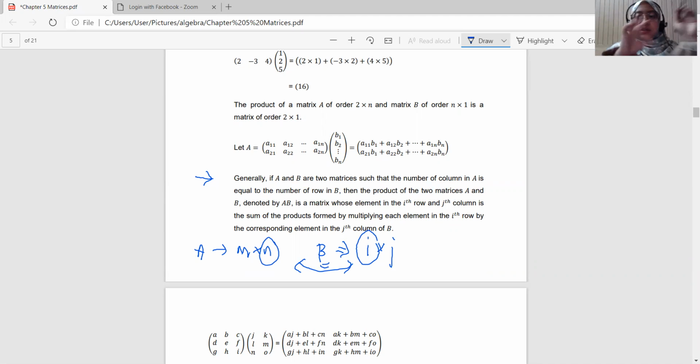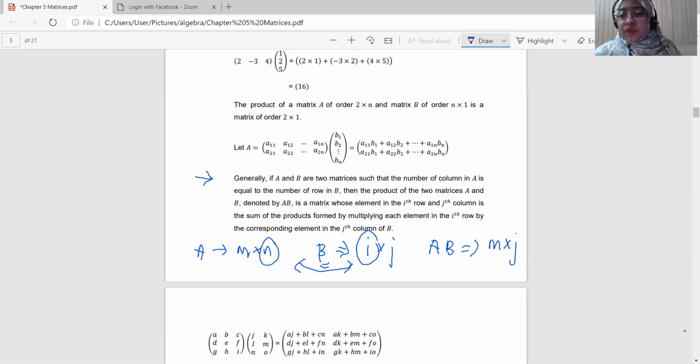When the column of the first matrix is equal to the row of the second matrix, it means that we can multiply both matrices, and then we can get the new matrix AB, and the order is m times c.